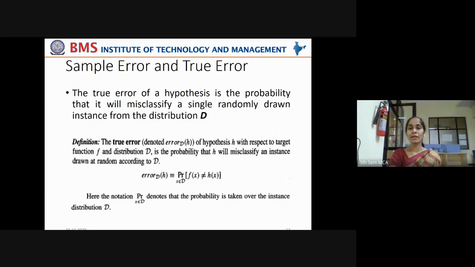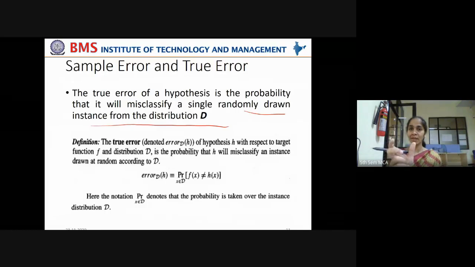Then what is true error? How do you represent that? The true error of a hypothesis is the probability that it will misclassify a single randomly drawn instance from the distribution D. Now you take an unseen data point from the larger population and give that new instance to the machine learning model to predict the target label.